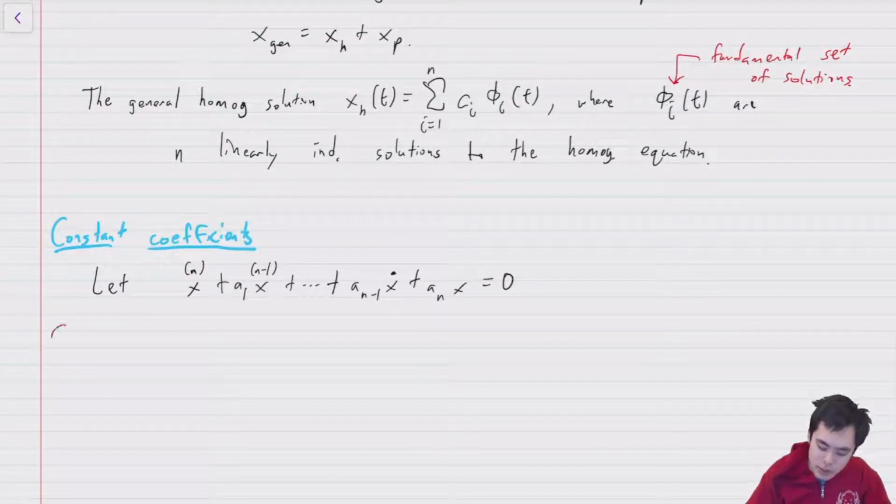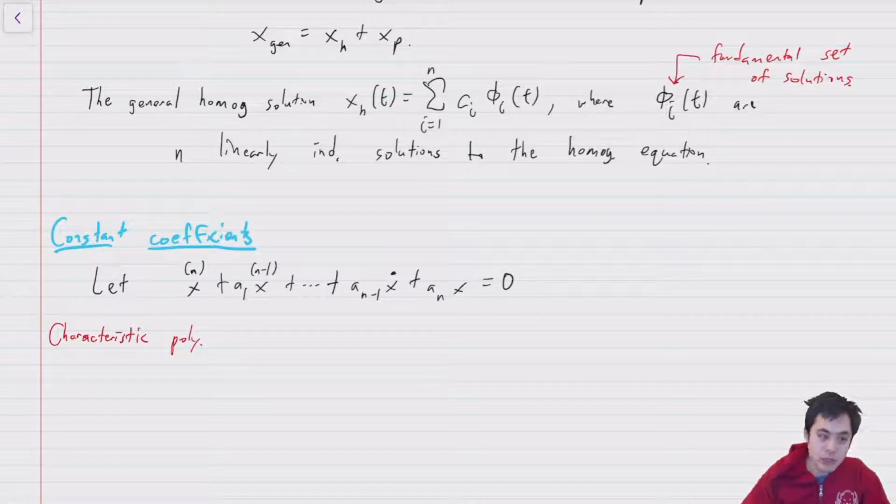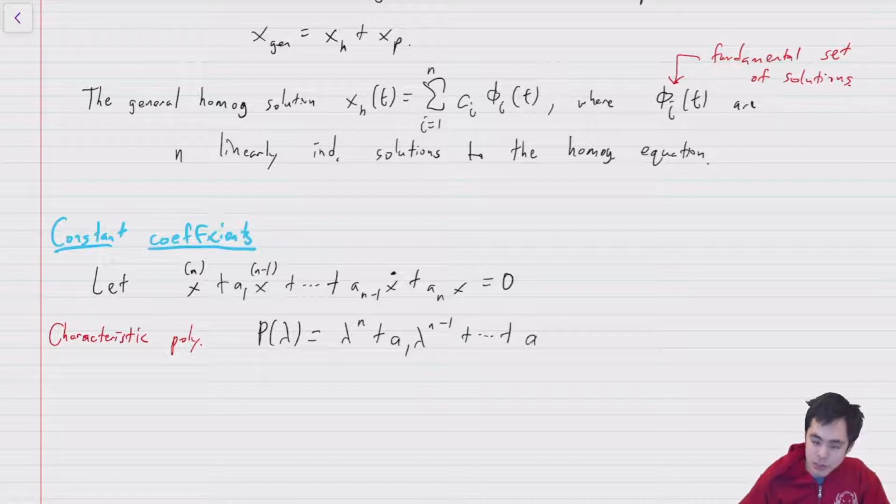Well, then we can get the characteristic polynomial. The characteristic polynomial p of lambda is equal to lambda to the n plus a1 lambda to the n minus 1 all the way through a n minus 1 lambda plus a n.